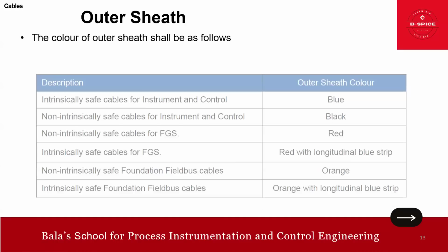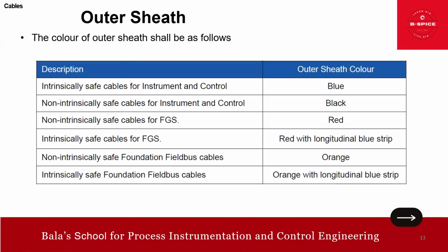The color of the outer sheath is like this, friends. Just remember: IS cables are always blue. Non-IS is black. Non-intrinsic for FGS, fire and gas, is red. Intrinsically safe for fire and gas is red with a longitudinal blue strip.